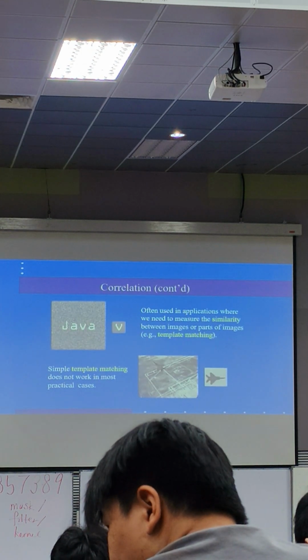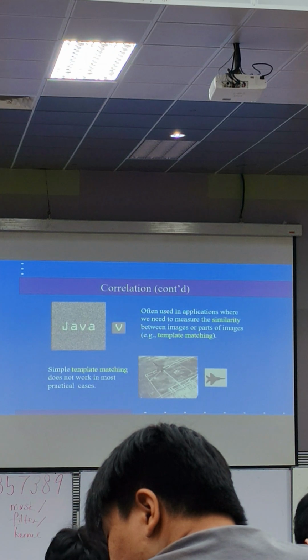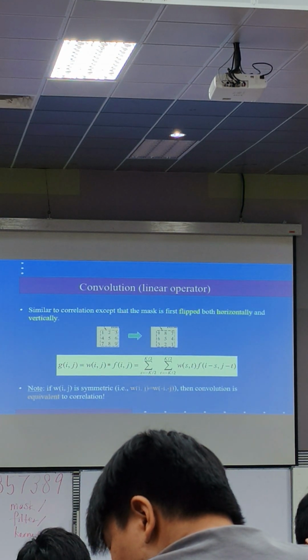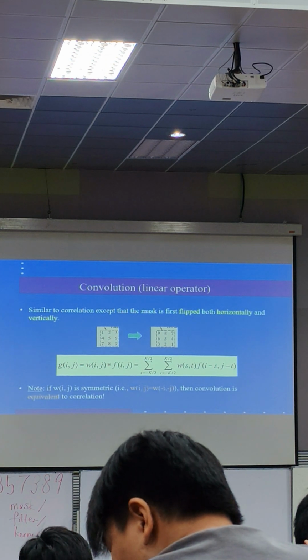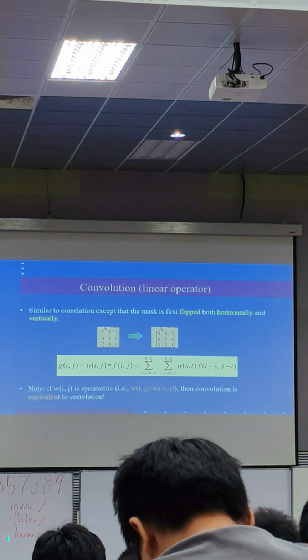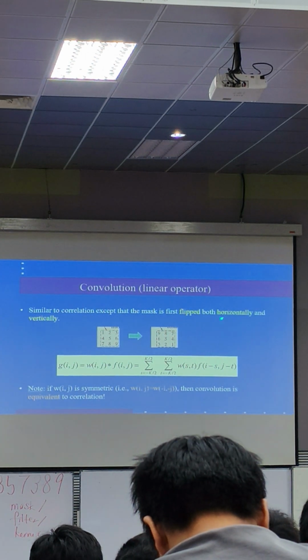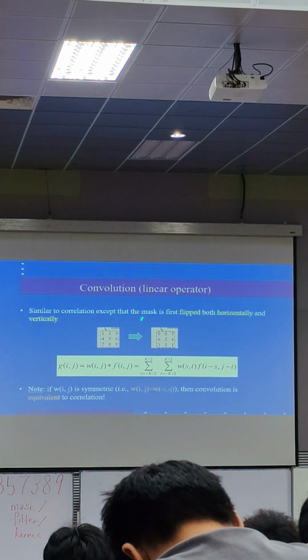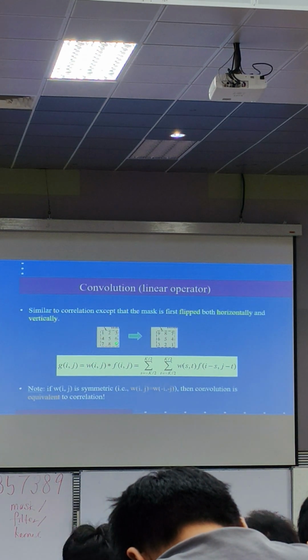So we have finished with correlation. Now we proceed with convolution. The process is exactly the same, but before we apply the filter, kernel, or mask, we need to flip it horizontally and also vertically. Let's say this is my kernel.